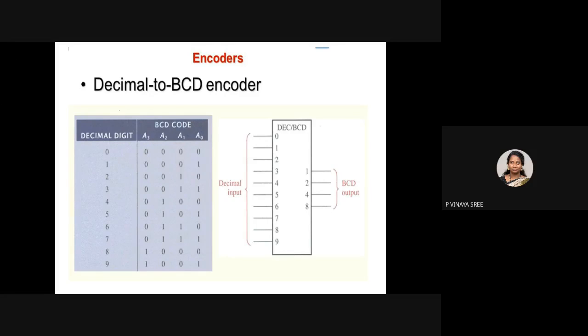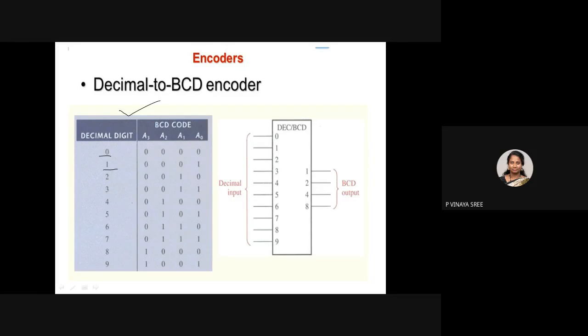The truth table is given as 0, 1, 2, 3, 4 until 9. If 0 is high, the output will be 0, 0, 0, 0. If 1 is high, the output will be 0, 0, 0, 1, like that. I explained in this way only for the 8 by 3 encoder.